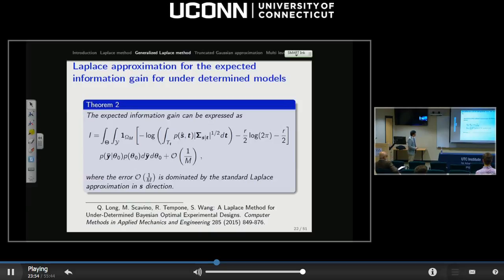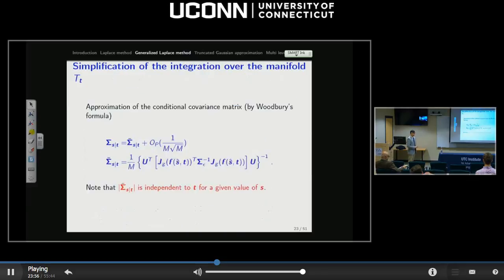But fortunately, we have a very nice structure of the sigma s given t. We can decompose it into two parts. The first part is delta sigma s given t, which is independent of t for given s. The second part is dependent on t. However, it is very small if you have more and more data. And then we can plug in this approximation.